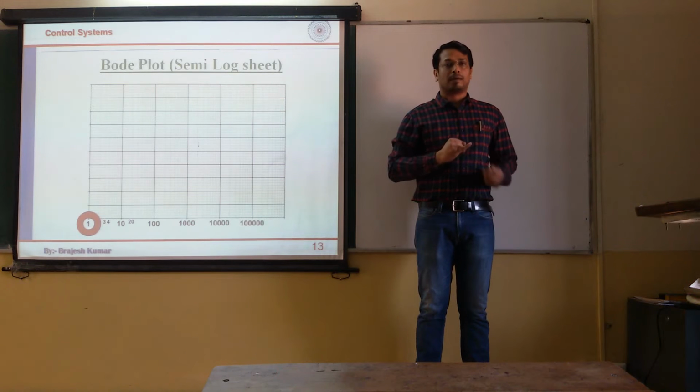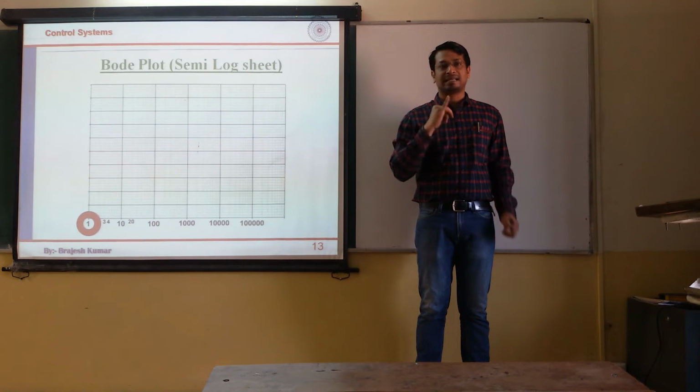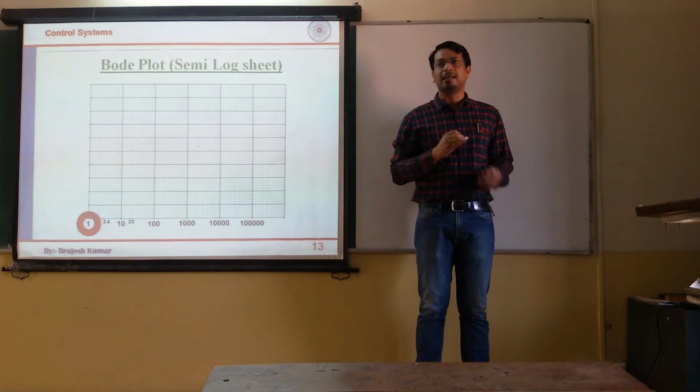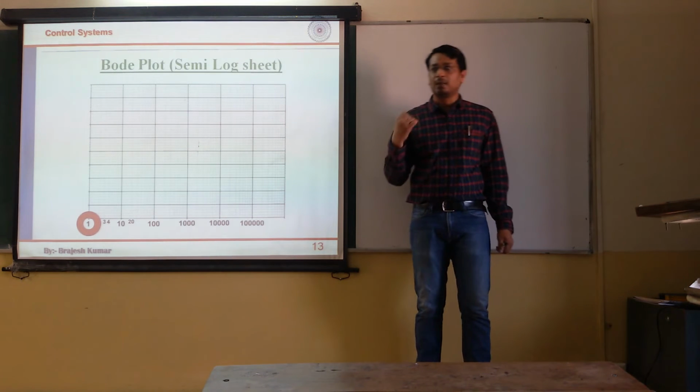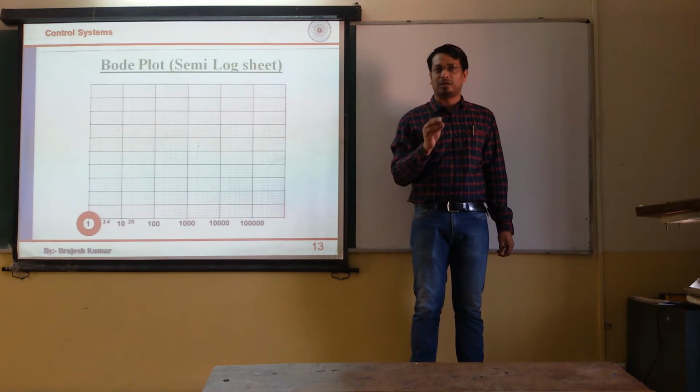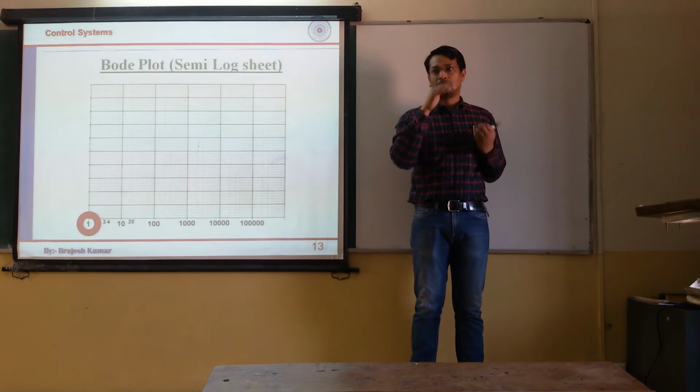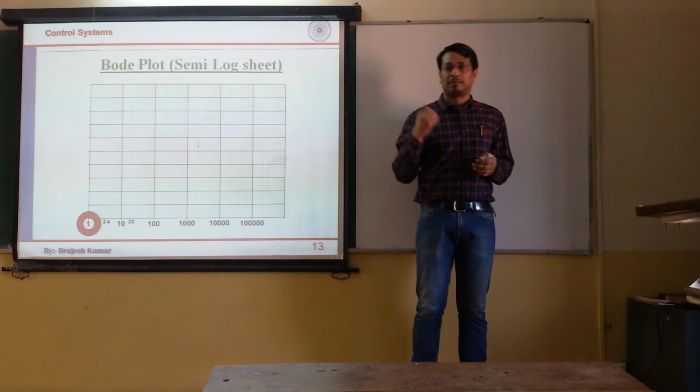So for the semi-log sheet, the x-axis is a logarithmic scale and the y-axis is a linear scale. When you trace the Bode plot on this semi-log sheet, you will come to know how to plot the magnitude plot and angle plot simultaneously.